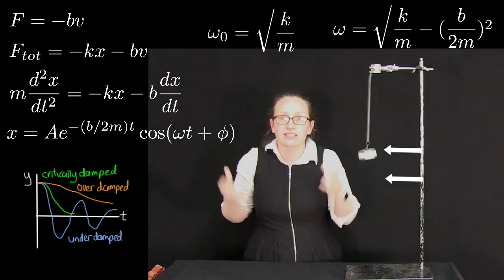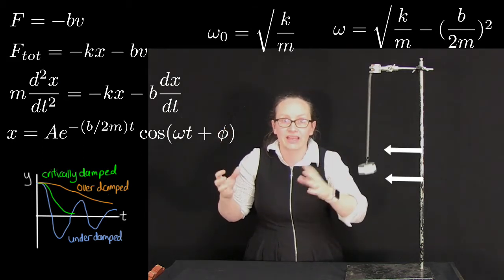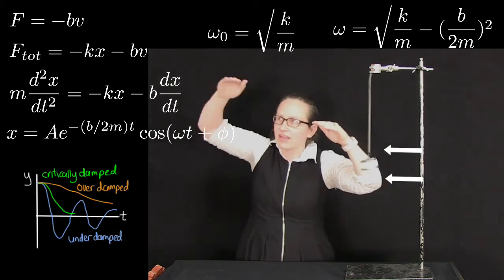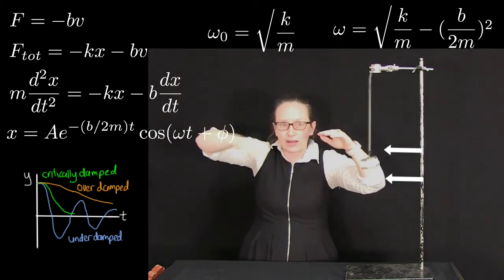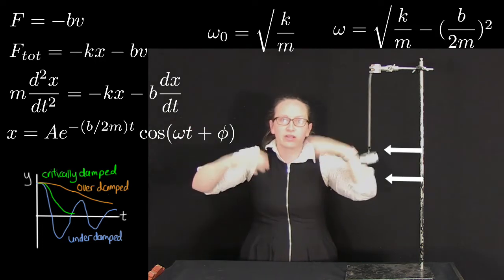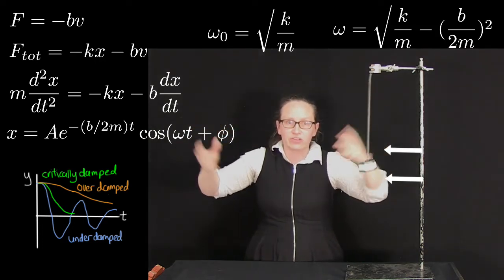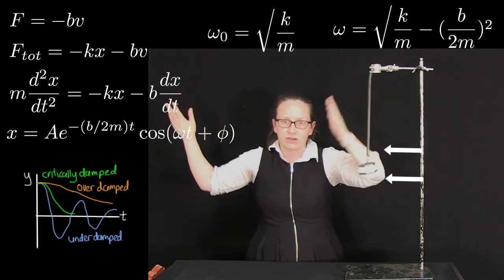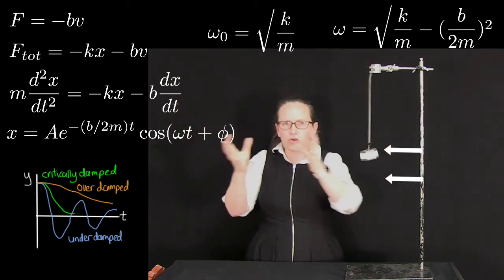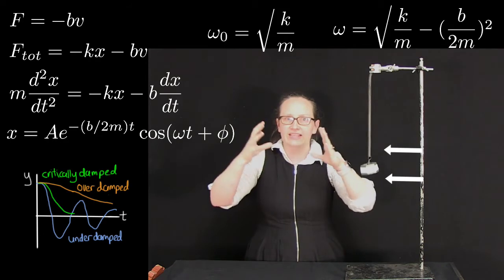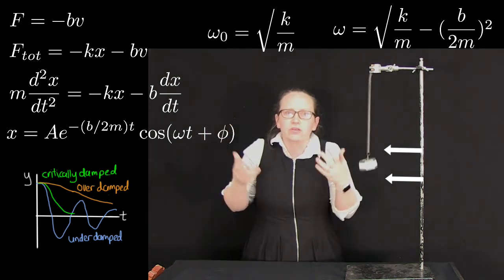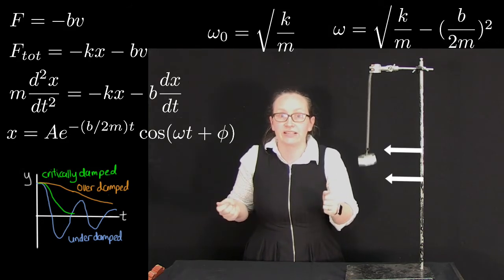This is known as the critically damped case, because we now don't have any of those oscillations going up and down, because our ω is now 0. So that cos term is just a constant: cos of 0 is equal to 1. And so all the motion is described by x equals A e to the minus b on 2m times t. That case is known as critically damped.